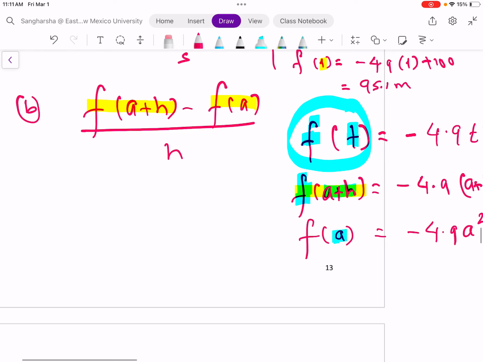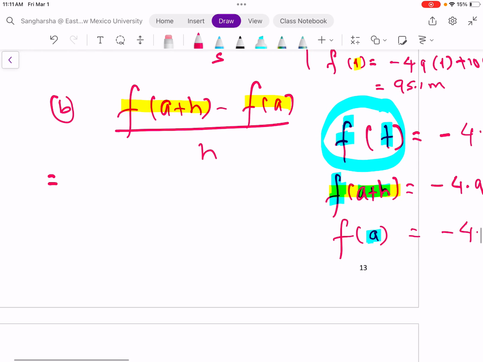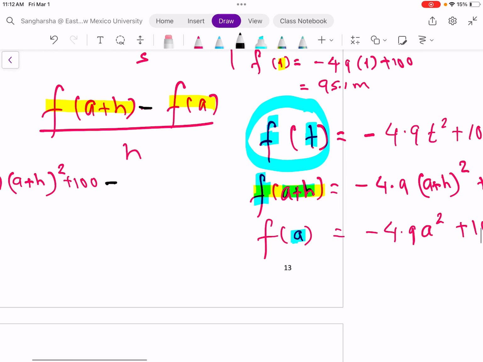So our f of a plus h is negative 4.9 times a plus h squared plus 100. Then minus f of a, which is negative 4.9 a squared plus 100.